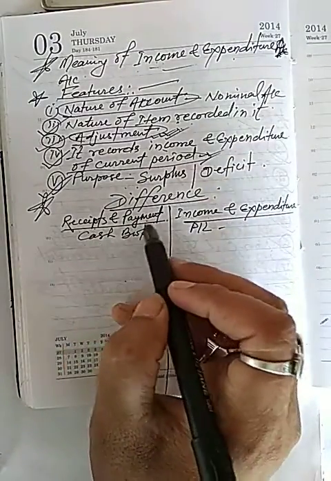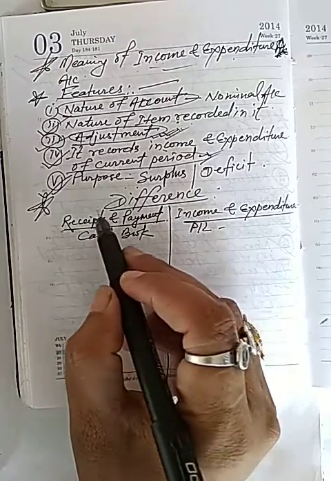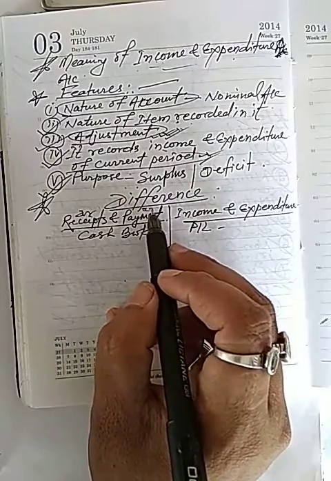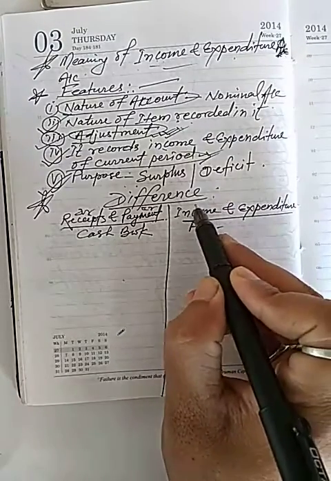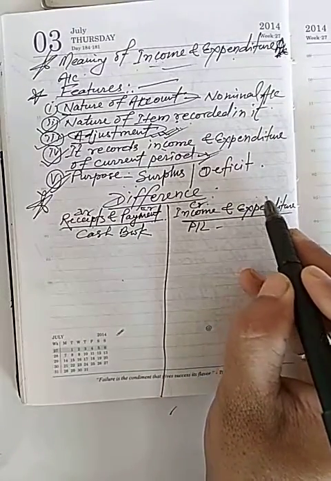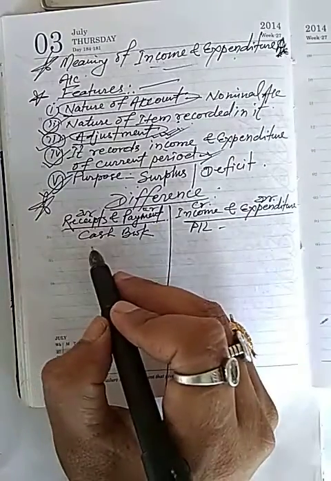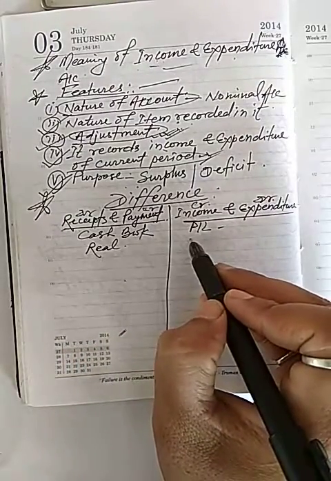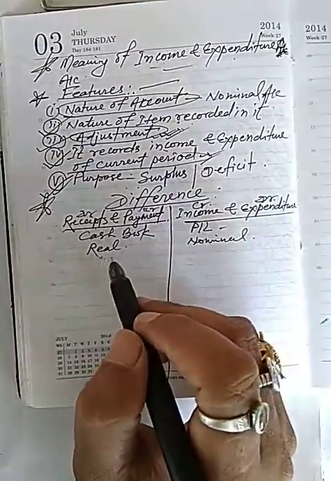Debit side of receipt and payment account records receipts and credit side records payments. But in income and expenditure account, incomes are recorded on the credit side and expenditures are recorded on the debit side. Third difference is receipt and payment account is a real account, but income and expenditure account is a nominal account.